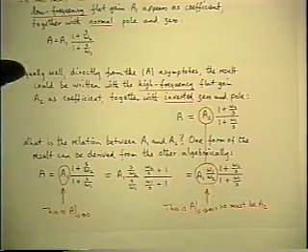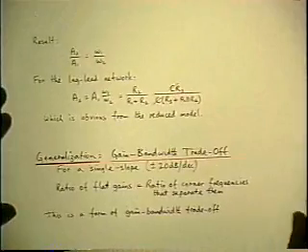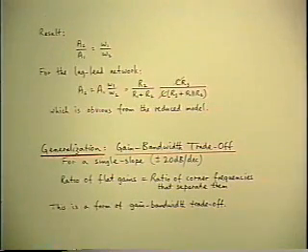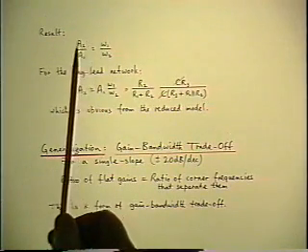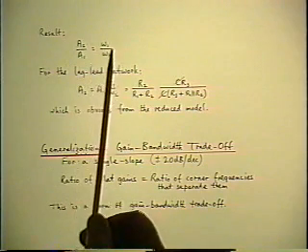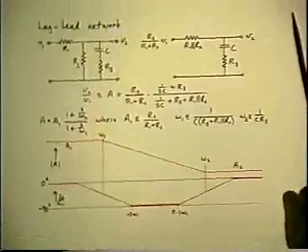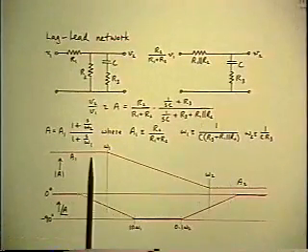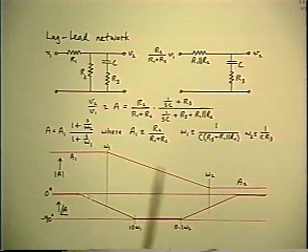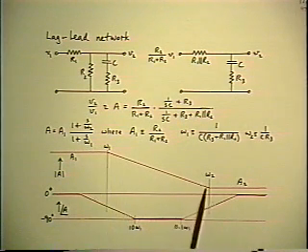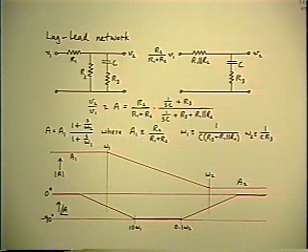So rewriting that expression in a symmetric form, what this says is the ratio of the two flat gains is equal to the ratio of the two corner frequencies that separate them. In terms of the picture, the ratio of A2 to A1 is equal to the ratio omega 1 to omega 2. It's sort of a gain bandwidth trade-off.